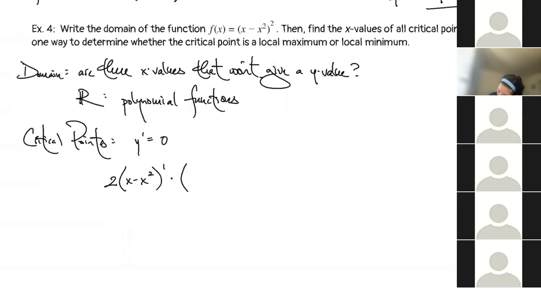One minus 2x, good. 1 minus 2x, and that's going to equal 0. Okay, so we're taking our derivative, we set it equal to 0. We didn't need quotient rule, but we did need chain rule. Okay.